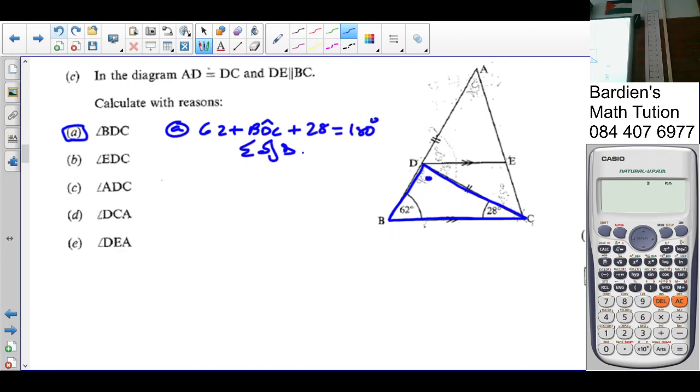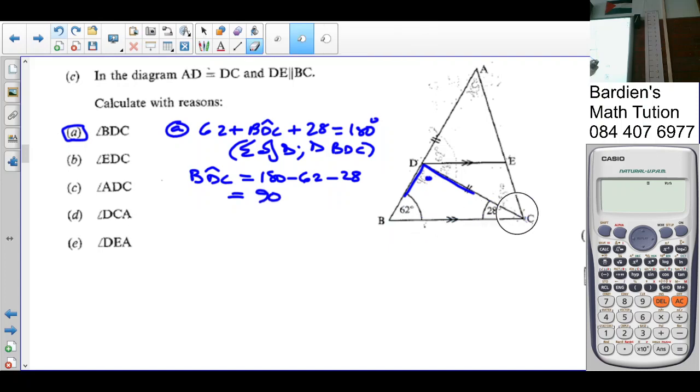Sum of triangles, and it's triangle DBC. So BDC is equal to 180 minus 62 minus 28, which gives us 90. Correct? Okay, which confirms whoever wrote in the book is correct that time. You must write in the textbooks, no?